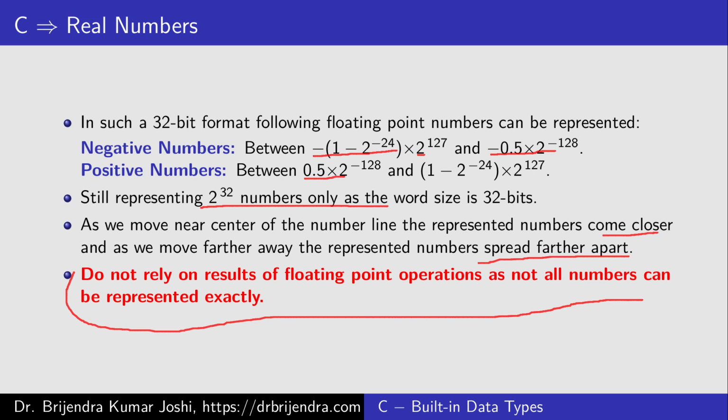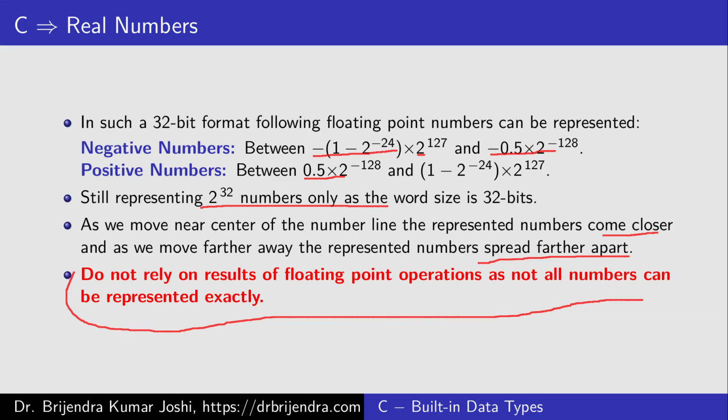So small numbers which can be represented as a sum of numbers which are powers of 2 can be represented exactly, not others. For example, 0.5 can be represented exactly because 0.1 in binary is 0.5.